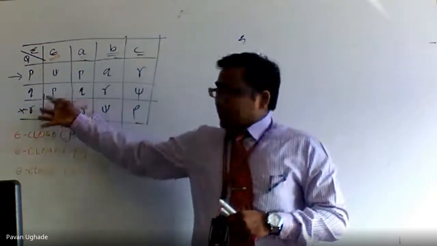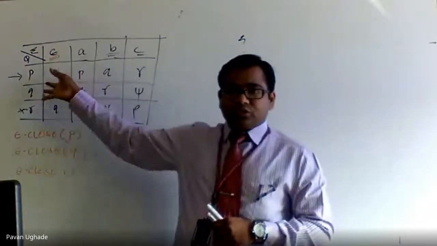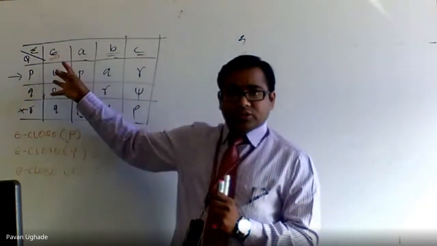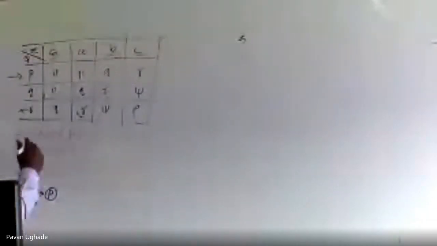Without making any mistake, we have to proceed. Whenever the input table is given, it is better if you draw the transition diagram and then proceed. So P as an initial state.